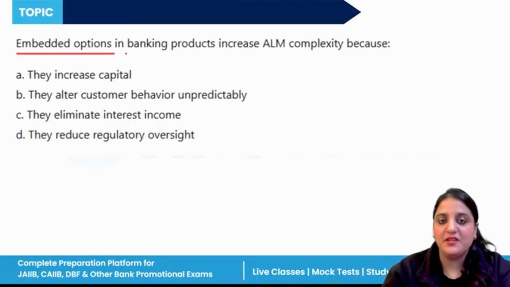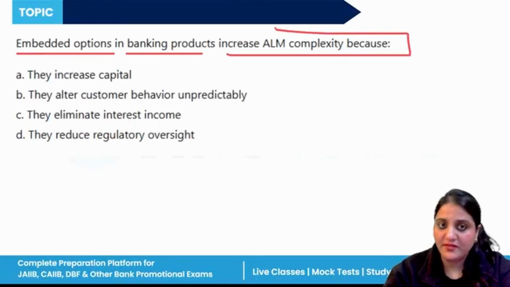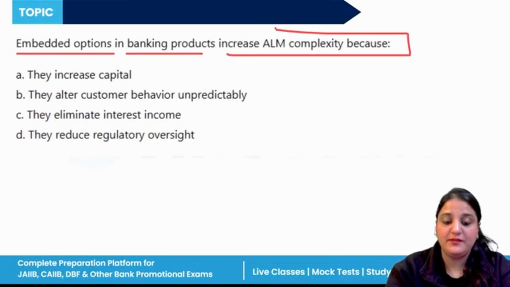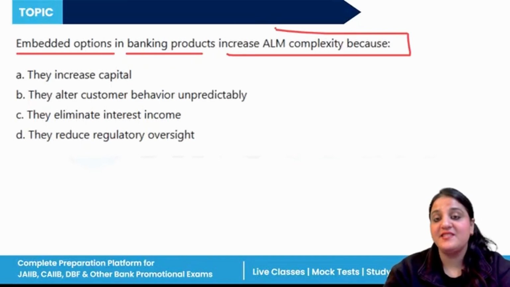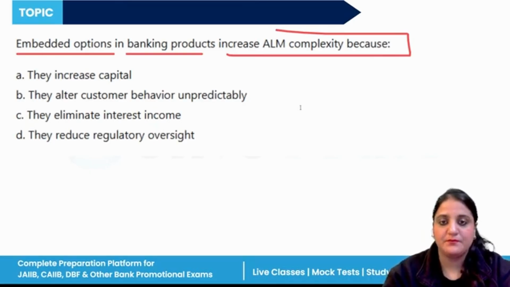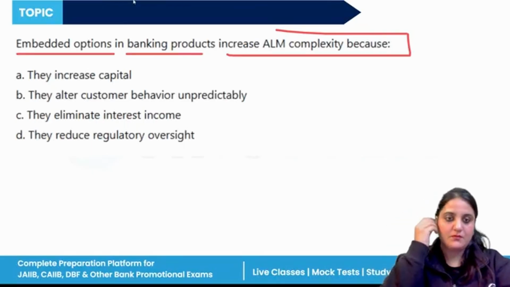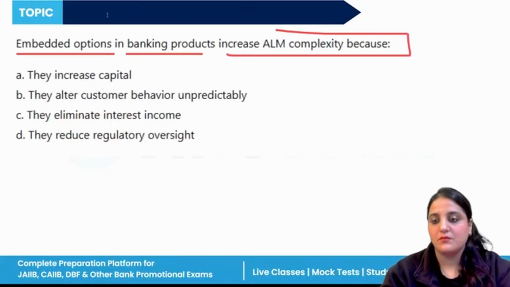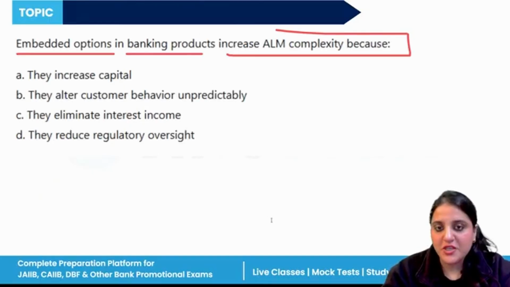Now, embedded options in banking products increase ALM complexity because... Which option is correct?